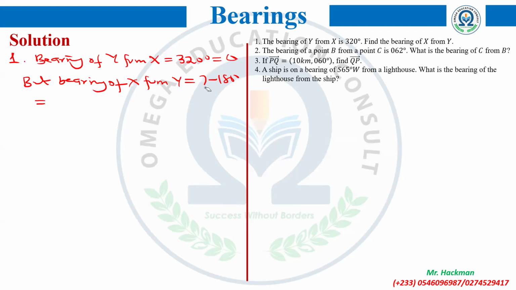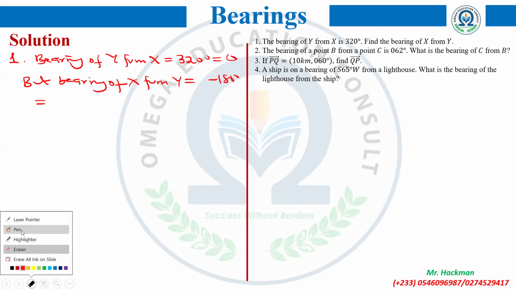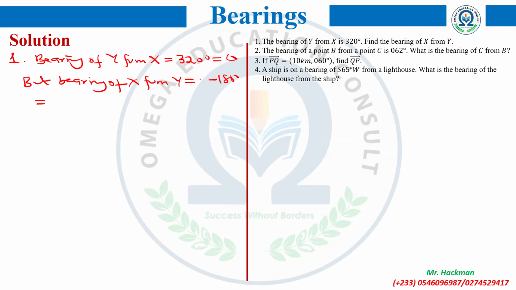I hope you are following, my professors. Are you following? Do you get my point? This is theta. This should also be theta. Let me write it well. All right.